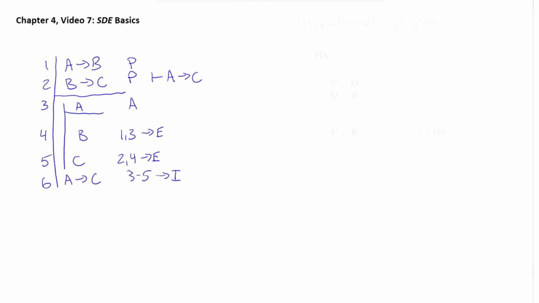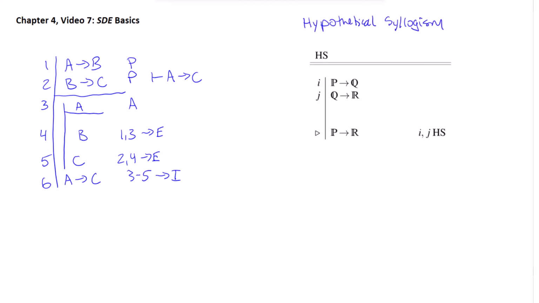And we do. That shortcut rule is called hypothetical syllogism, or HS. You have two conditionals where the consequent of one matches the antecedent of another, and we chain them together and drop out the middle to get from the antecedent of one to the consequent of the other.